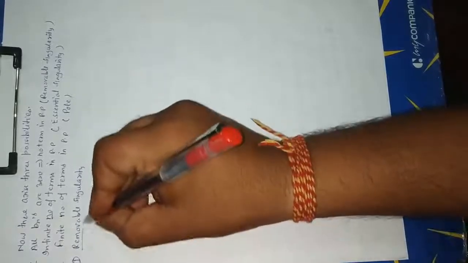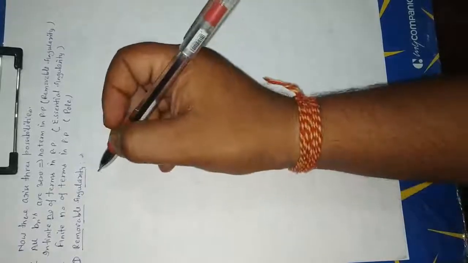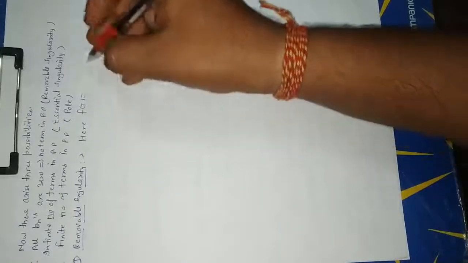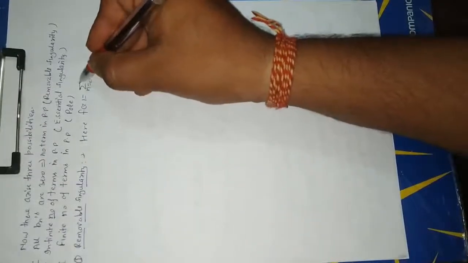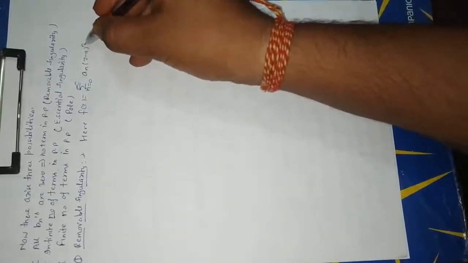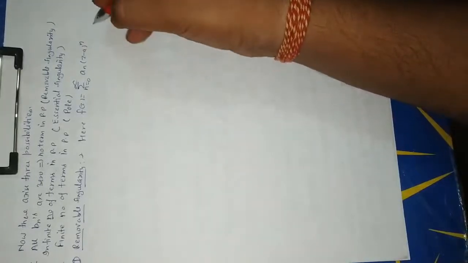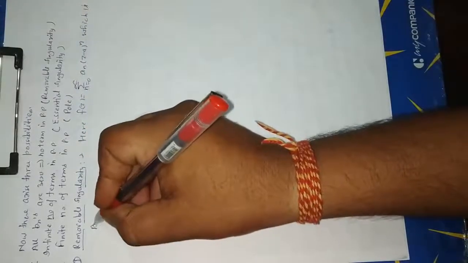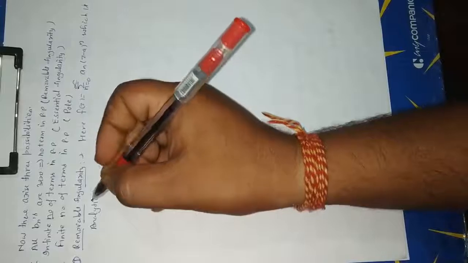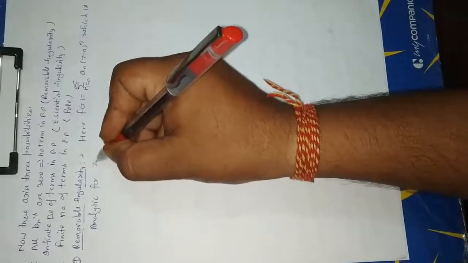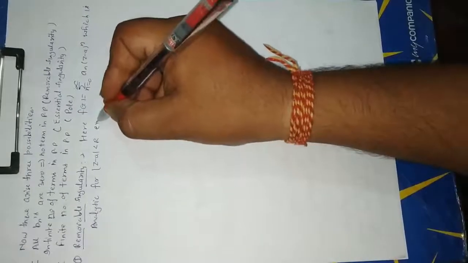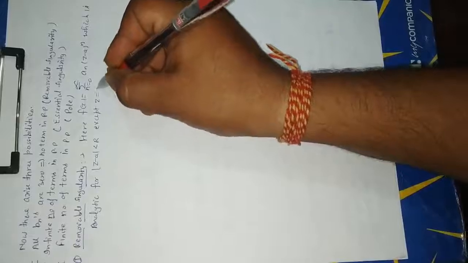Here f(z) equals summation n is equal to 0 to infinity an (z minus a) whole power n, which is analytic for modulus of z minus a less than capital R, except z is equal to a.